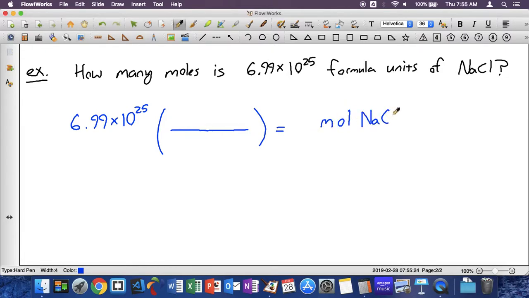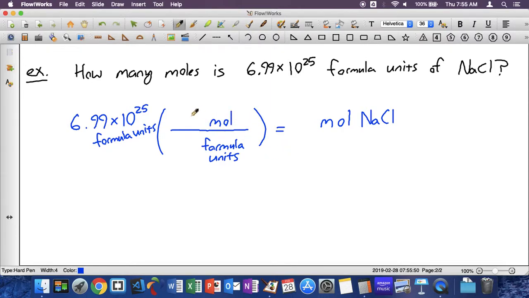Moles of NaCl. Now the trick to this is that whatever unit you start with in this problem, you want that to go on the bottom of that conversion factor every time. So I'm going to write formula units on the bottom, and whatever unit I'm trying to get to, moles, that's what's going to go on the top.